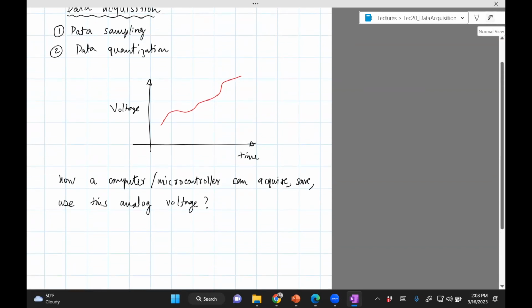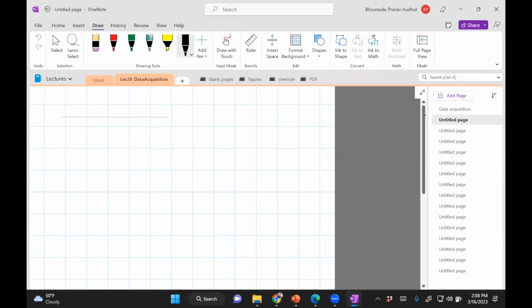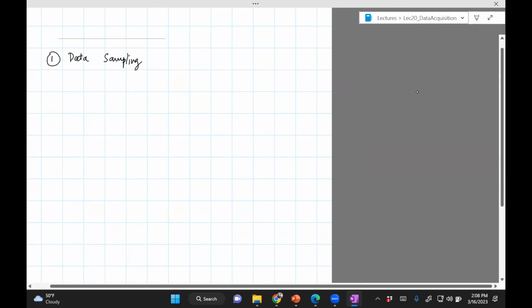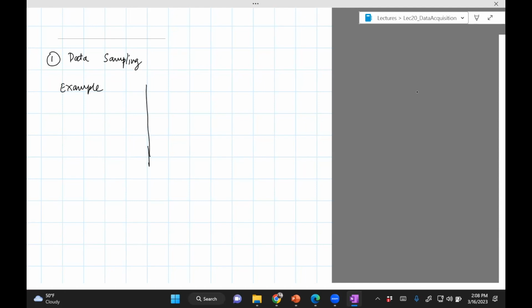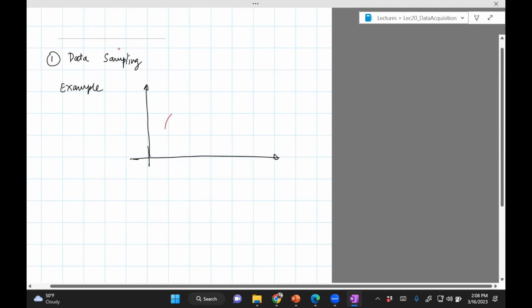Let's talk about data sampling. Okay, so what I mean by data sampling is that when a computer or a microcontroller has to interpret this data, which is the signal.